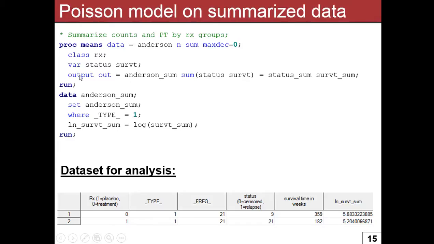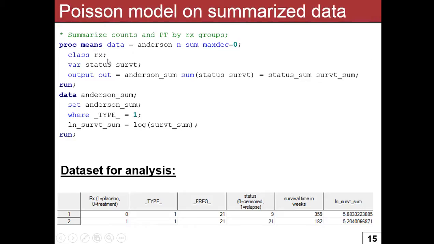But if you want to make a data set out of the summarized experiences of people, you have to use the output line, and then you do sum of status and survival time equals some. You can make up new variable names here. These become the analytic pieces in your Poisson survival analysis.